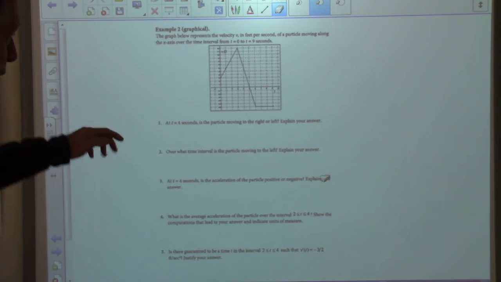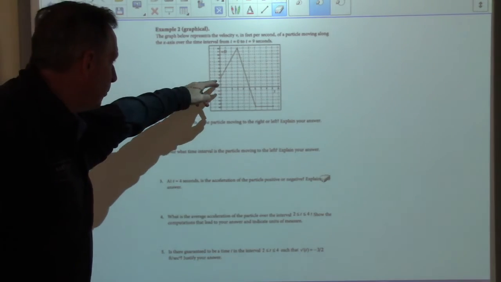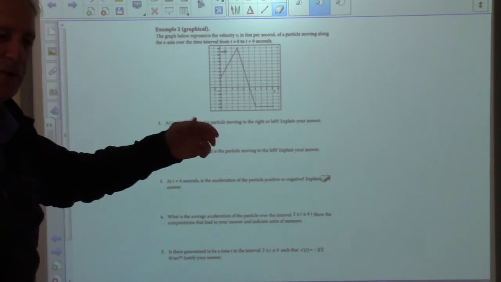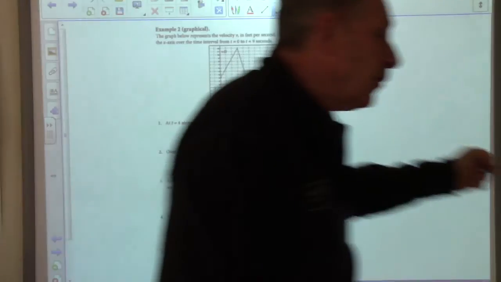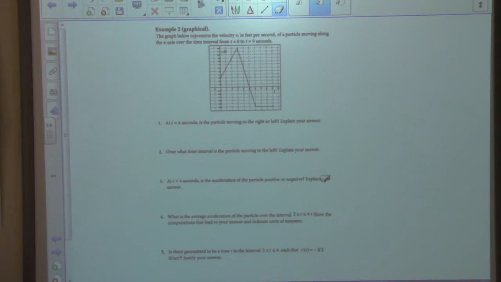So I'm starting right here at this speed of 3 feet per second. And I move along, getting faster and faster, but then I start slowing down, and I keep on slowing down until t equals 5. Right? And what happens at 5? It starts going 0, and then I start going back. So when do I get farthest to the right? At t equals 5.